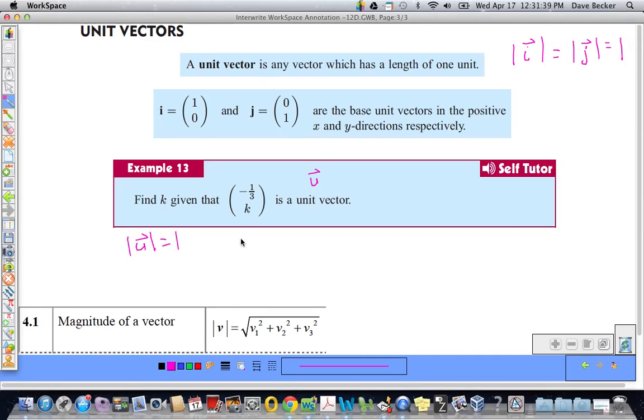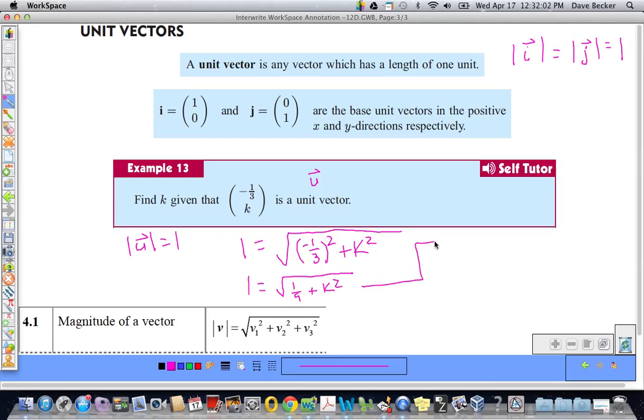So therefore, 1 must be equal to the square root of negative 1/3 squared plus k squared. So 1 would equal the square root of 1/9 plus k squared.